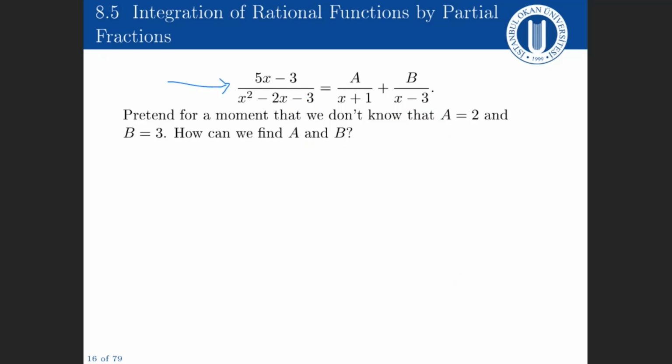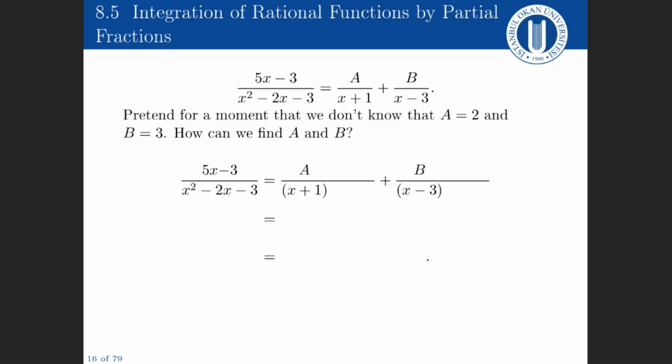Let's look at 5x minus 3 over x squared minus 2x minus 3. I want to write this as some number a over x plus 1 plus some number b over x minus 3. And for the moment, let's just pretend that we don't know the answer. Let's pretend that we don't know that a needs to be 2 and b needs to be 3. How could we find a and b?